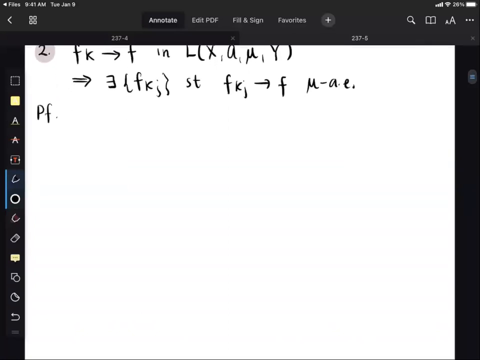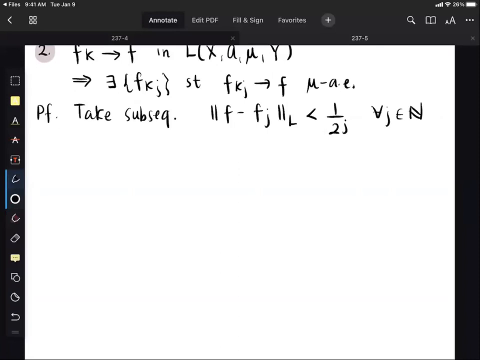So let us look at the proof. Doing the same business as before, let's take a subsequence wherein this difference is 1 over 2^j. And then we relabel the indices.